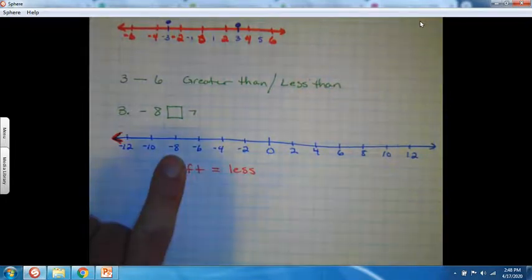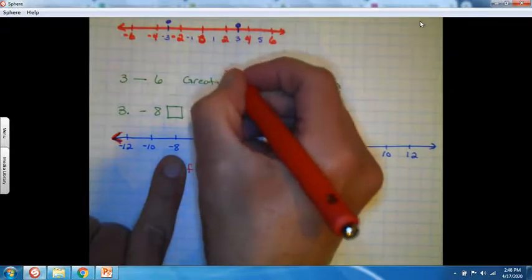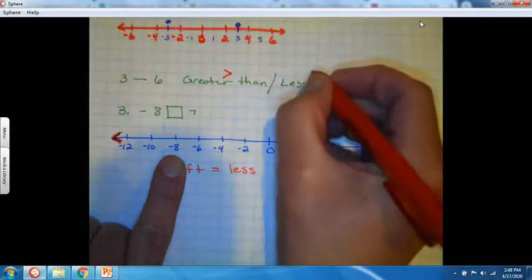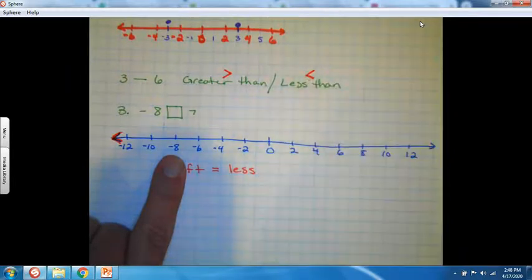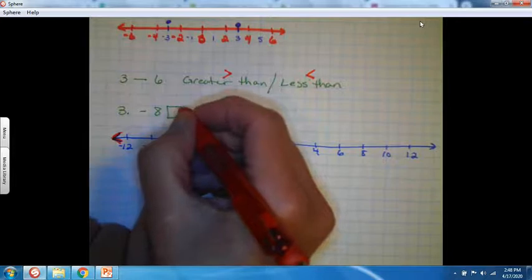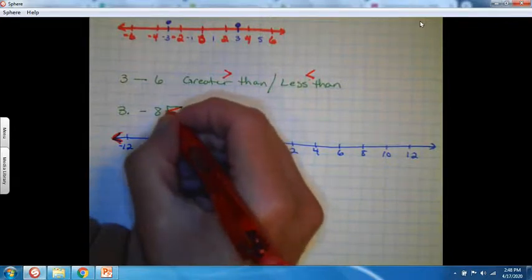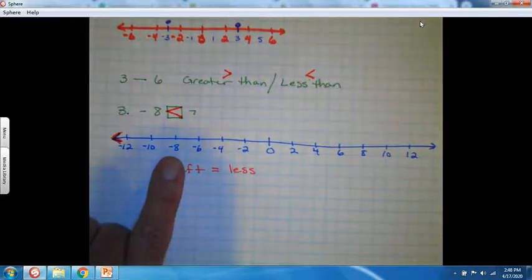We need to make sure that this is greater than and this is less than. So we're saying that -8 is less than, so the little end goes towards the little number.